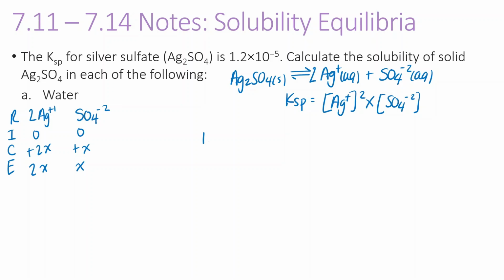So I'm going to go ahead and plug this into my KSP expression. So it's going to be equal to 2X squared times X. So when I solve this, I'm going to get 1.2 times 10 to the negative 5 is equal to 4x squared times x.